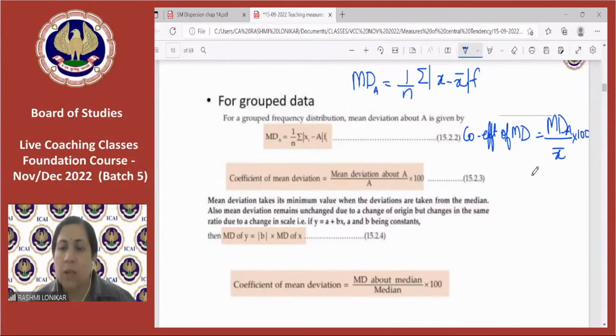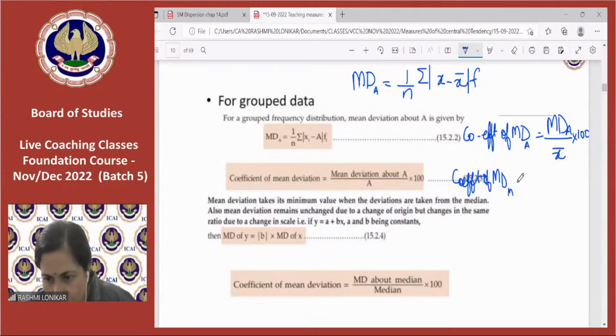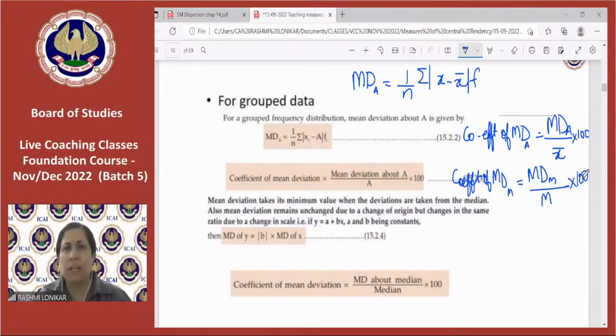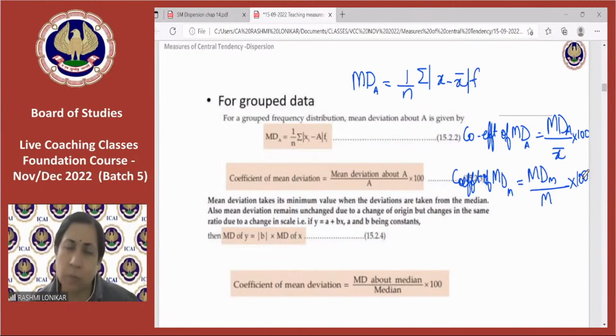And if you are calculating coefficient of mean deviation about the median, it will be mean deviation about the median upon the median into 100. So it depends on which measure of central tendency you are finding the mean deviation around: mean, median, or mode.